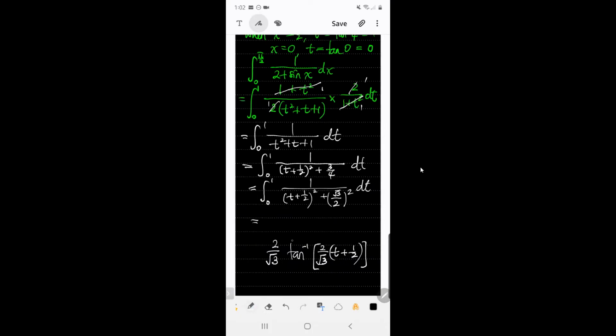Okay, this is what you will get, from 0 to 1. Actually, no, too many brackets already.